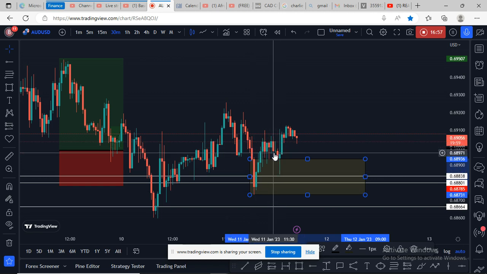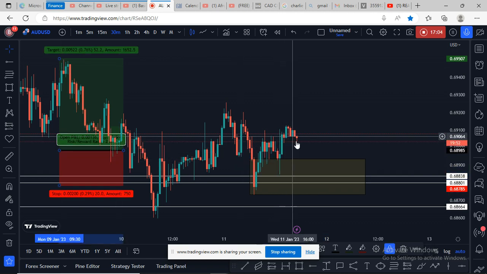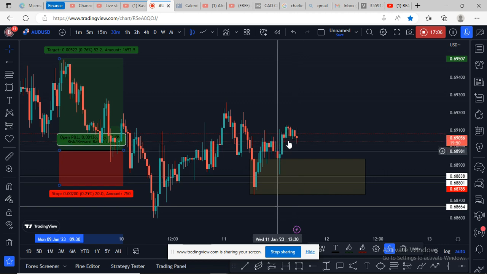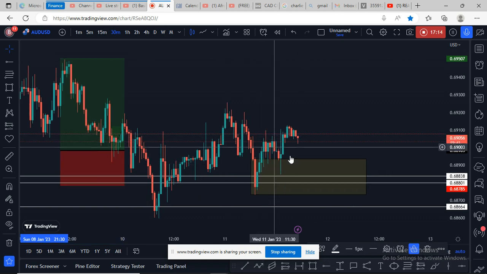It came to retest, moved up. So as I saw, this closed as a doji, right? And then it went all the way up, and I'm just waiting to see what is going to happen. So this is what I'm expecting on AUD USD, right?